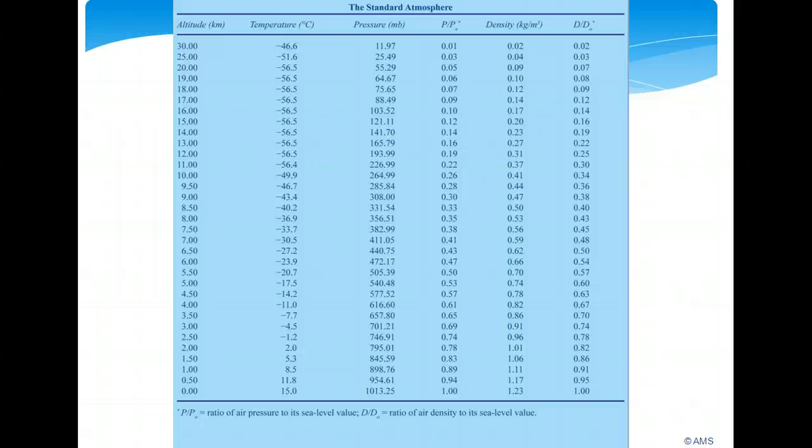The standard atmosphere is the state of the atmosphere averaged for all latitudes and all seasons, and is fixed at a sea level air temperature of 15 degrees centigrade or 59 degrees Fahrenheit and a pressure of 1013 millibars or 29.92 inches of mercury.